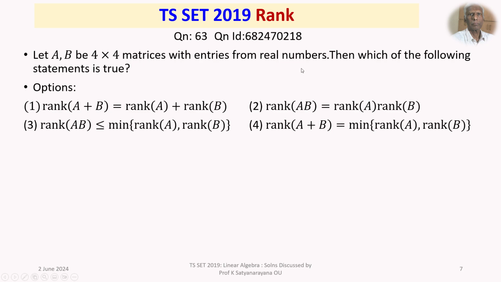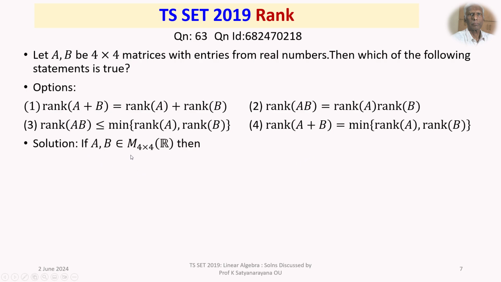Right. Now, if you have studied your BSc and MSc properly, you might have a list of properties of the ranks of matrices with you. Check it. Then you will find only one of them is true. What is that one? That is option 3. Rank of AB is less than or equal to minimum of rank of A and rank of B. The others are not true. Solution.